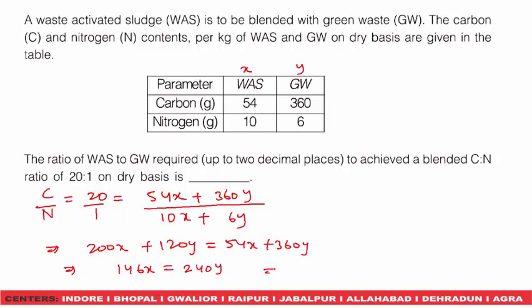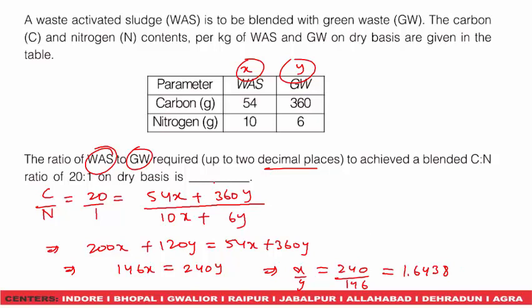Now we have to determine the ratio of WS to GW, that is X is to Y. So from here X by Y will be equal to 240 by 146. So it comes out to be 1.6438. So up to 2 decimal places our answer will be 1.64.